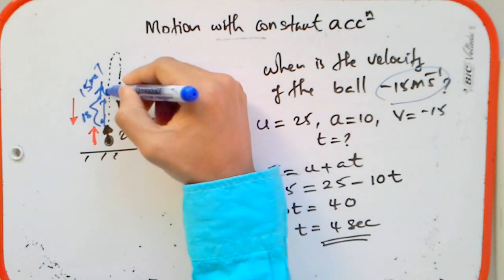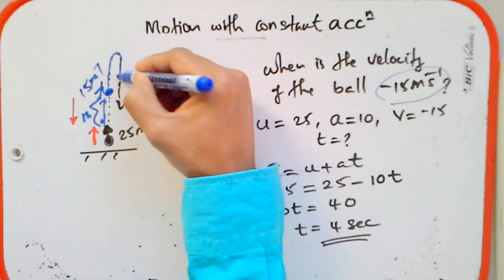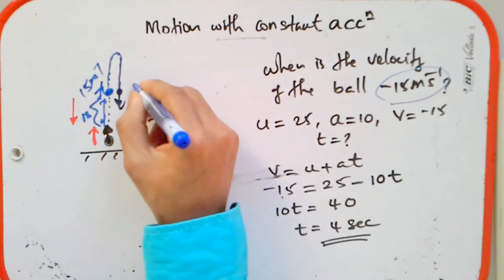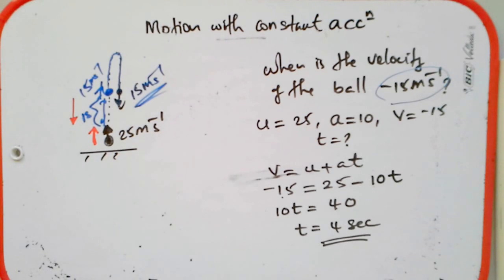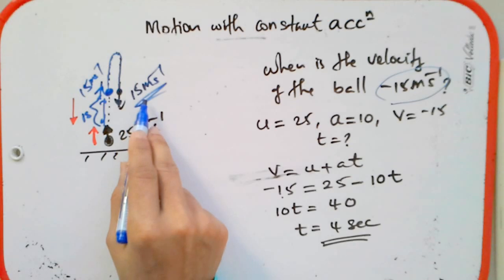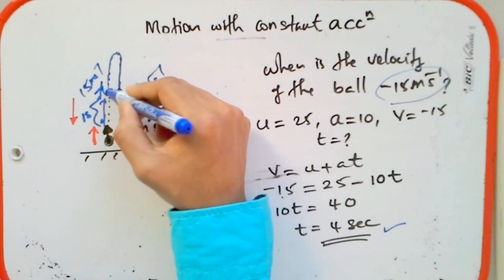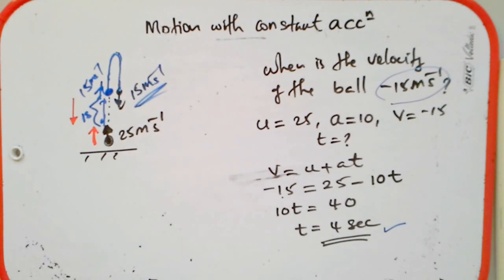So this ball actually travels upward and comes down, and at one point somewhere here it will reach 15 but in the opposite direction. That's why we call this minus 15 meters per second. And you can see that to reach minus 15 meters per second takes quite a longer time, because it has to travel this much distance. I hope you got the idea. So we'll move to the next question.